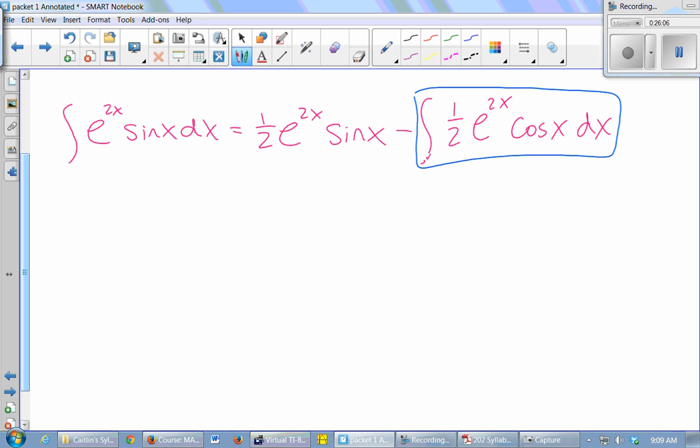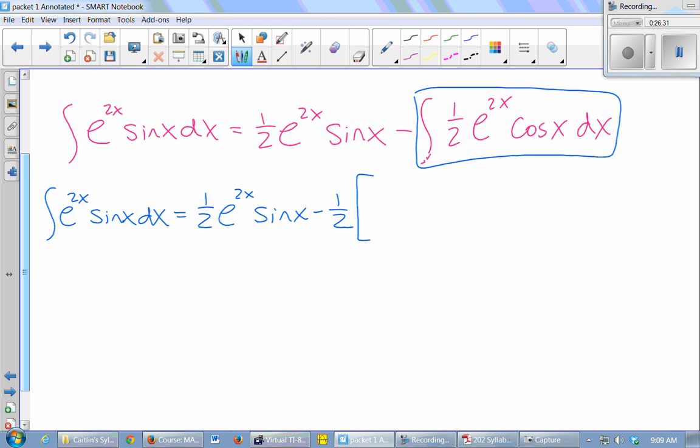Now I'm going to replace this integral with what I just figured it out to be. So I'm going to rewrite my whole line here. This is the integral of e to the 2x sine x dx, and that's what I want to know, right? This equals 1/2 e to the 2x sine x minus 1/2 times that integral.